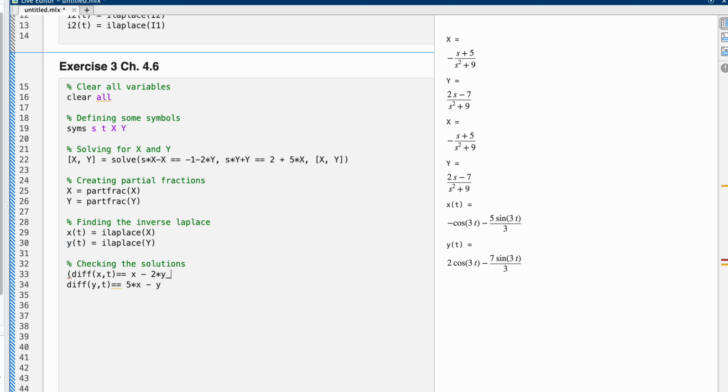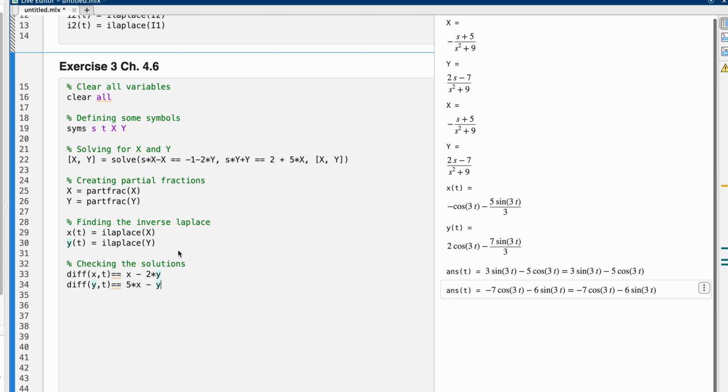And you're going to get the initial conditions. You're not going to get exactly the same thing, but here we have this is equal to that, and this is equal to that. So we know that these are indeed solutions.